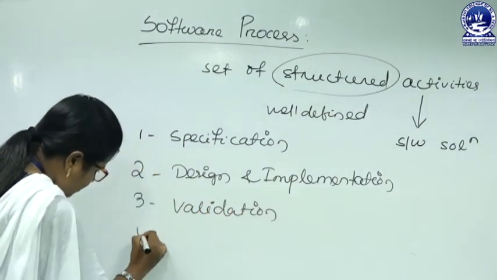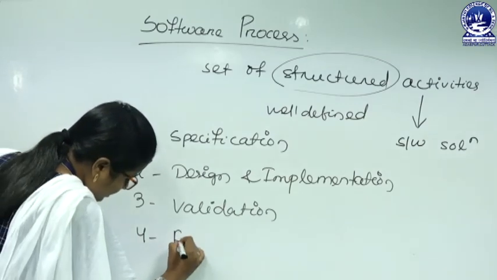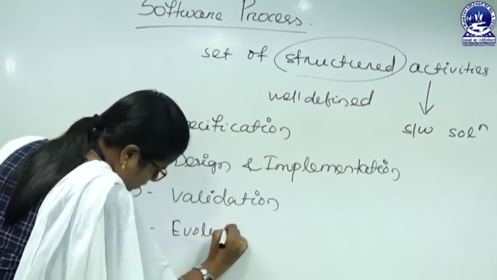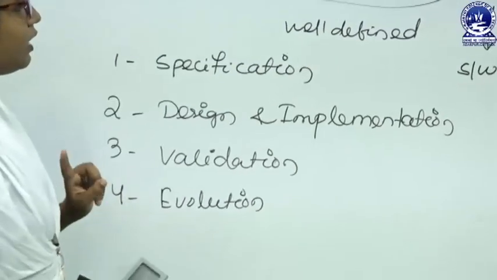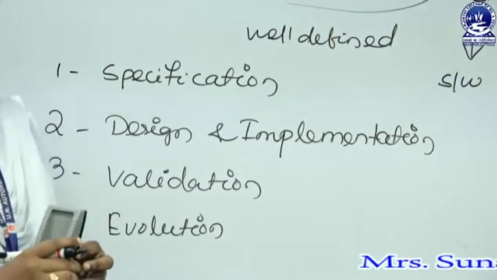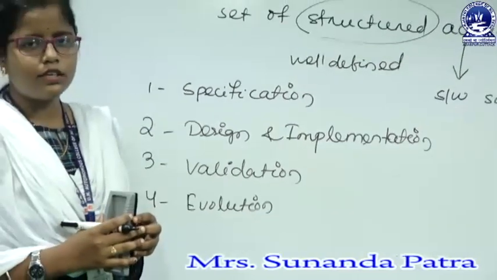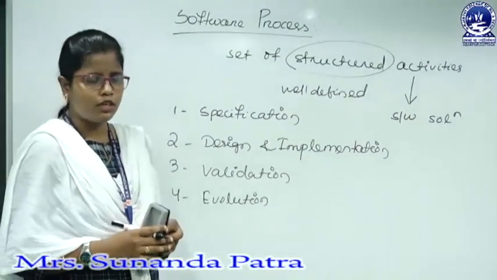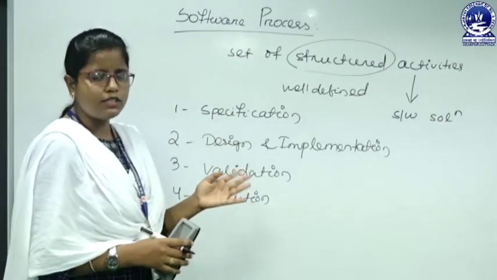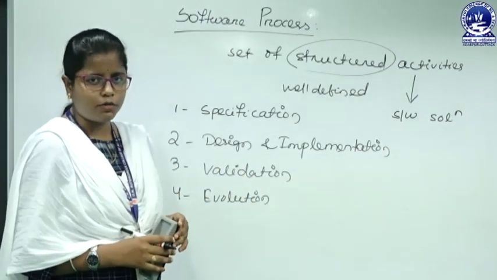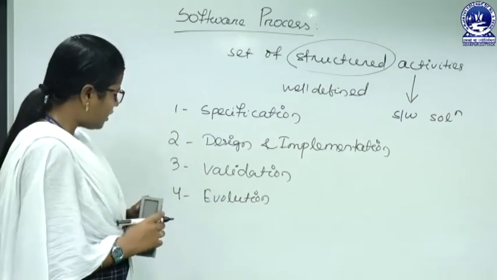And the last one, or the fourth activity, is evaluation. So these are the fundamental activities which we are going to follow whenever we develop a software product. Carrying out all these four activities, we can call it a software process. So let us discuss it one by one.